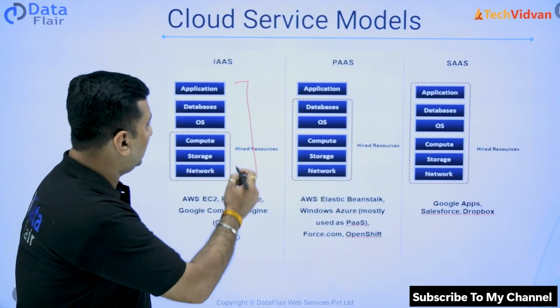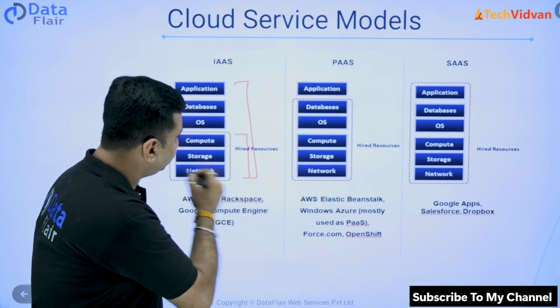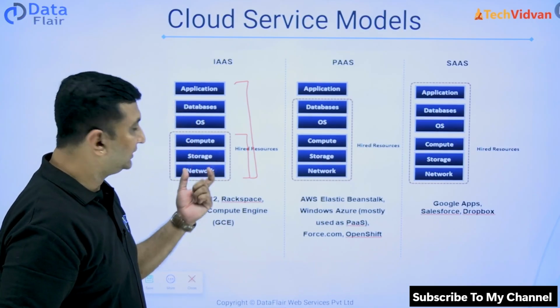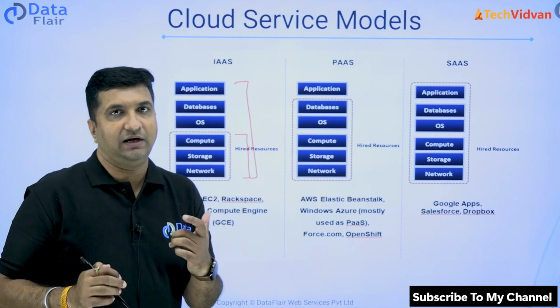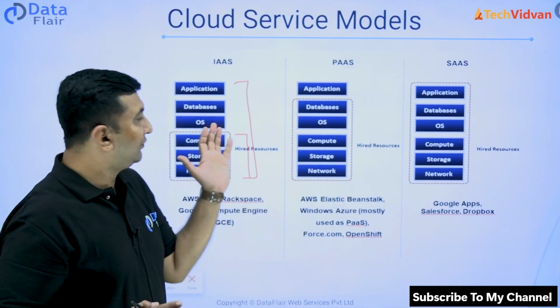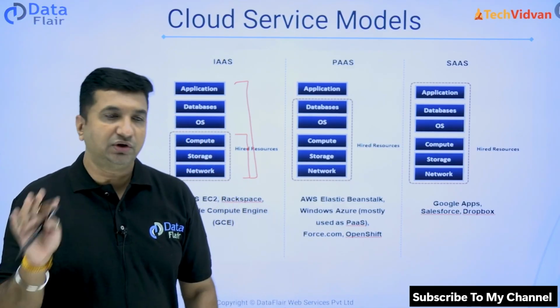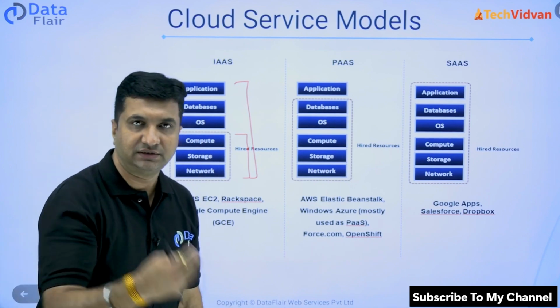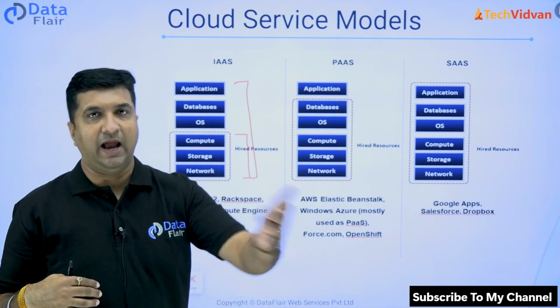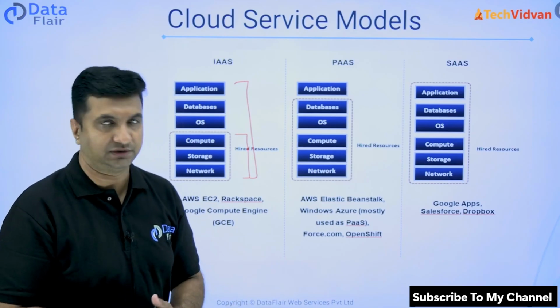When you talk about these resources, compute, storage, and network, what does it mean? It means I don't want an application or an operating system, I have my own. I just need a platform on top of which I can install my operating system, then install my applications and serve my customers.